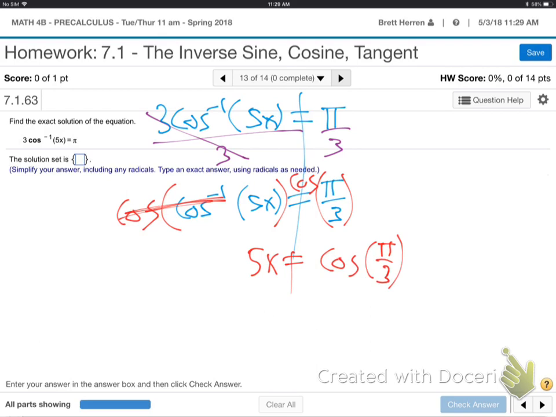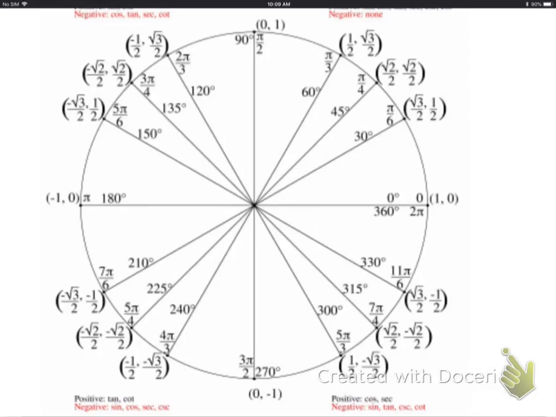And cosine of pi over 3, we can actually get a number on our calculator. Well, or on our unit circle. Go grab that unit circle. Pi over 3. There it is, pi over 3. Cosine's a half, huh? See it right there?